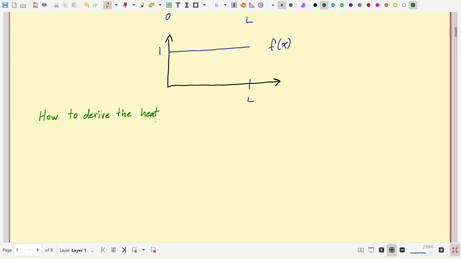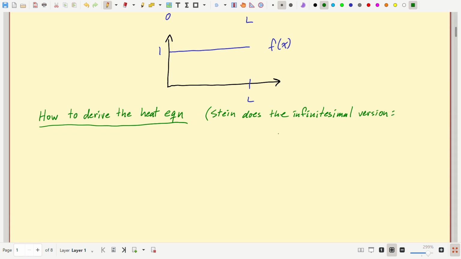Stein does it, but he does the infinitesimal version, which is worth reading about. So he takes a little delta x. This is x.